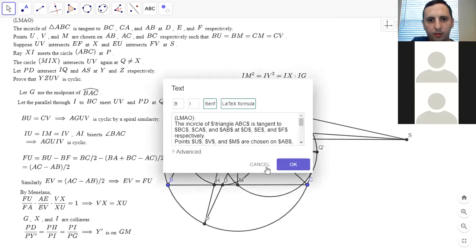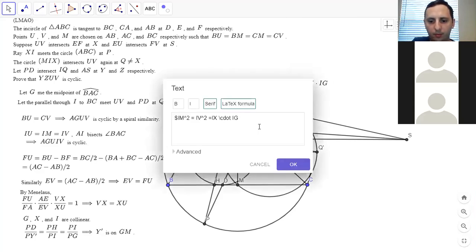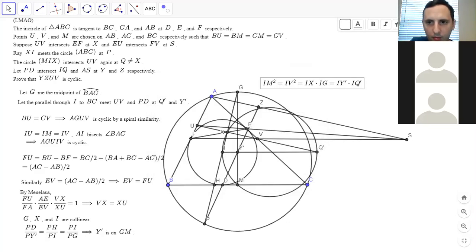So this is IY prime times IQ prime. So that implies that angle IMQ prime equals 90.